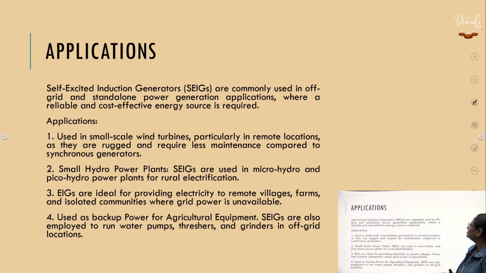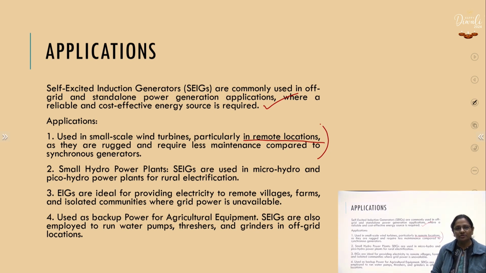They are commonly used in off-grid and standalone power generation applications where a reliable and cost-effective energy source is required. They are used in small-scale wind turbines, particularly in remote locations, as they are rugged in construction, low in cost and require less maintenance as compared to synchronous generators.